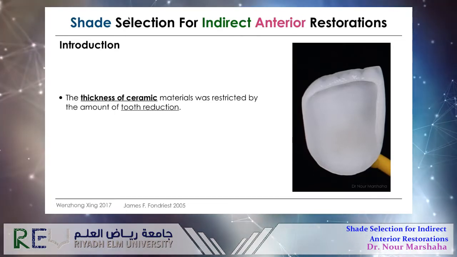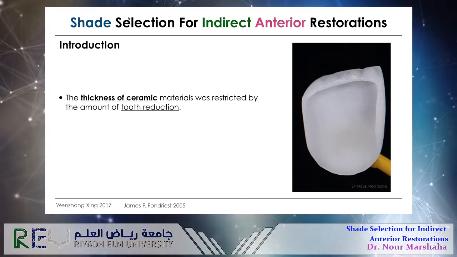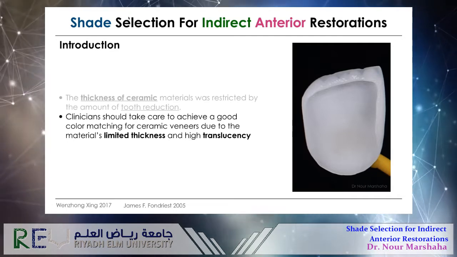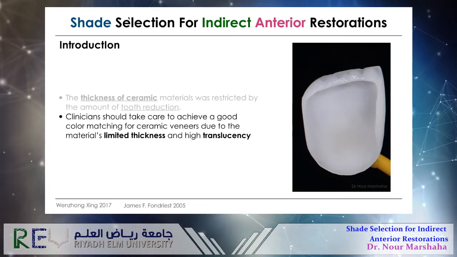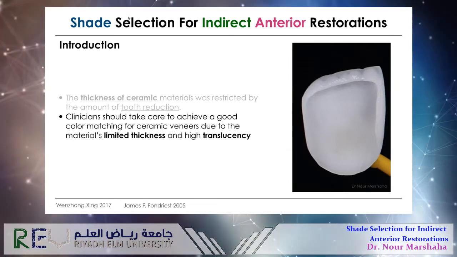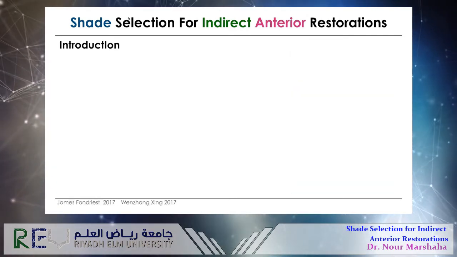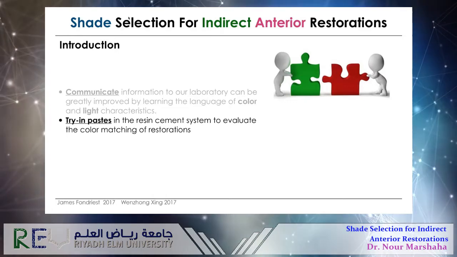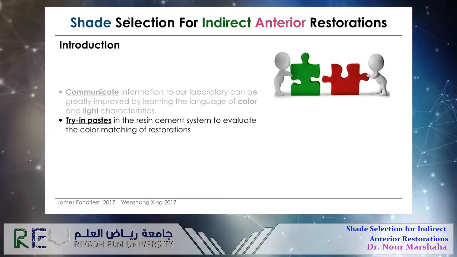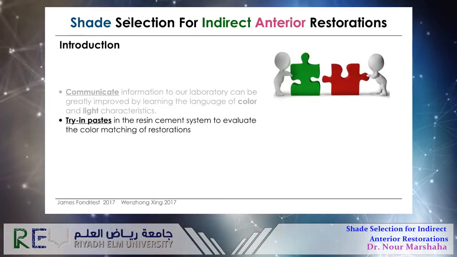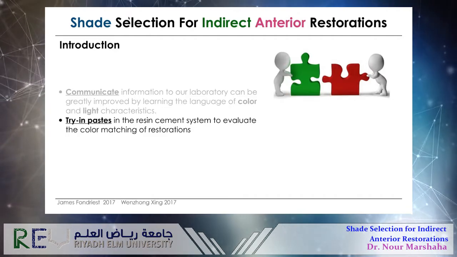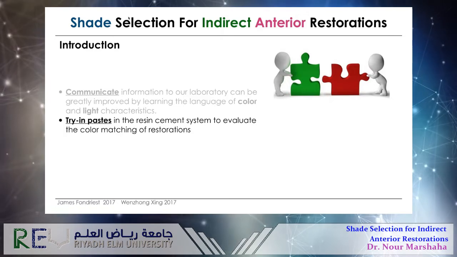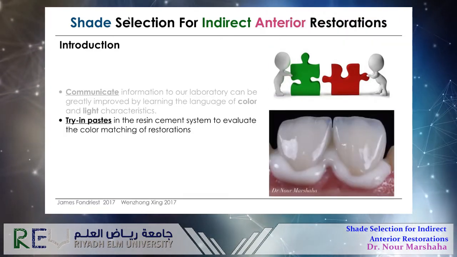It is restricted by the amount of tooth structure, but clinicians should take care to achieve good color matching for ceramic veneers because of the thickness limitation and high translucency of the restoration materials. Communication of information to our laboratory has also greatly improved by learning the language of color and light characteristics. We also have to do a try-in paste with the resin cement system to evaluate the color matching of the restoration.